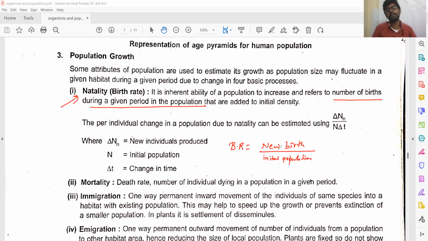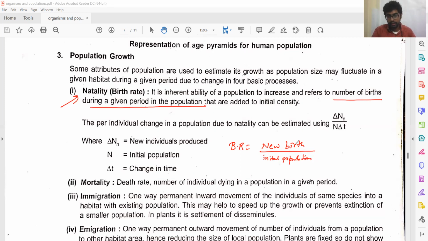What does it mean? It means that new births per individual, that is rate. I said na, I guess you must have studied in physics that whenever the term rate is there, per unit is also there. For example, if I say acceleration as rate of change of velocity, what I mean is that rate of change of velocity per unit time.